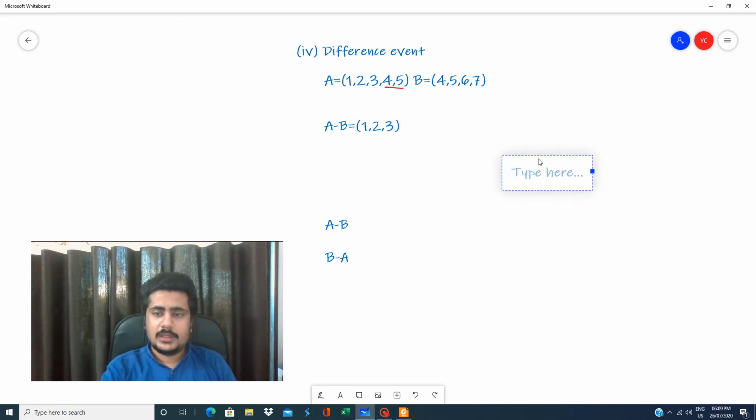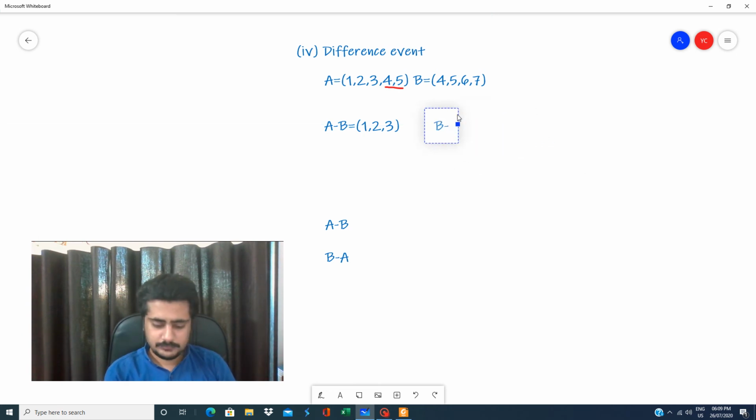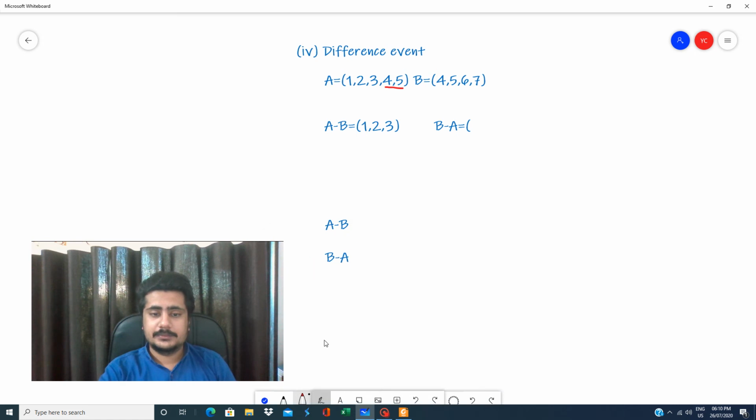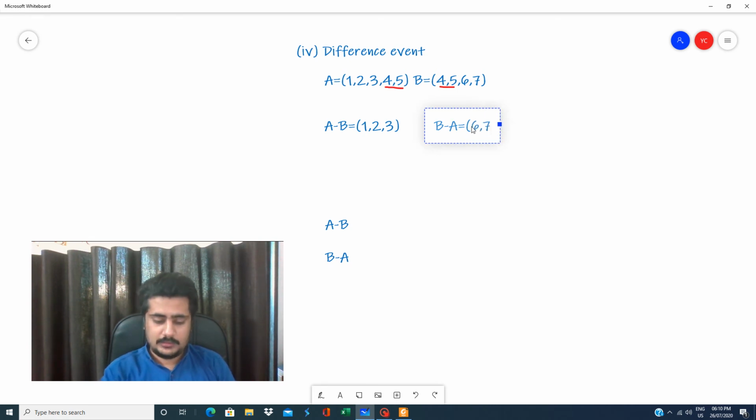The same way you can do B minus A. You will be subtracting A from B. In B, these two particular digits are in A. Which digits? 4 and 5. So I'll be subtracting 4 and 5 and will be putting 6, comma 7.